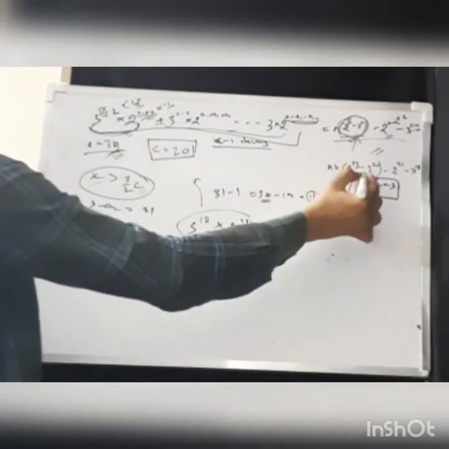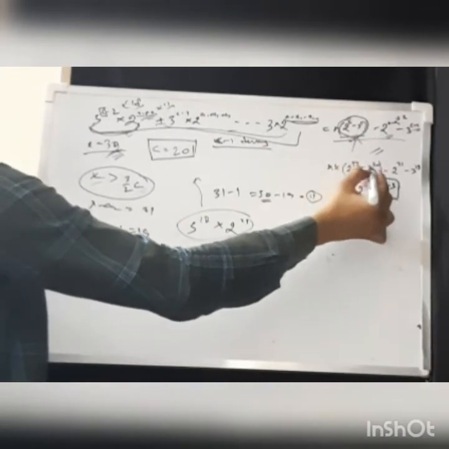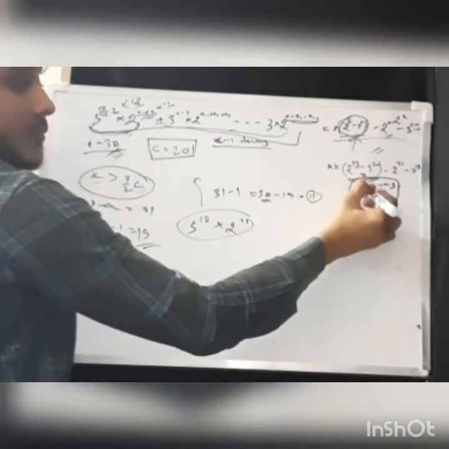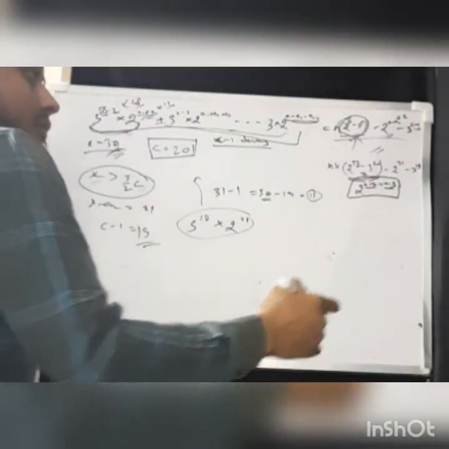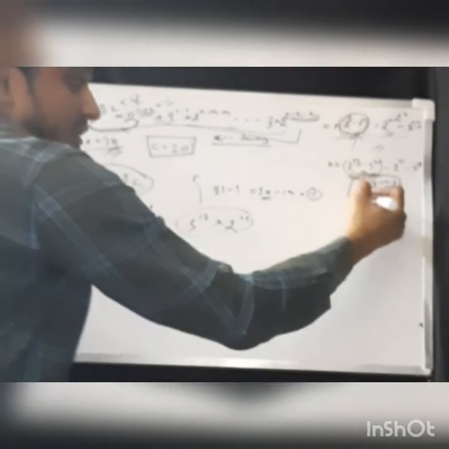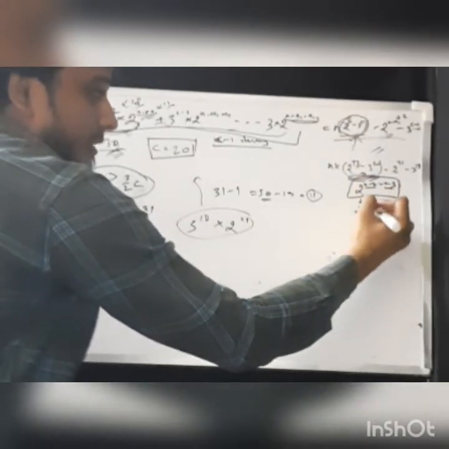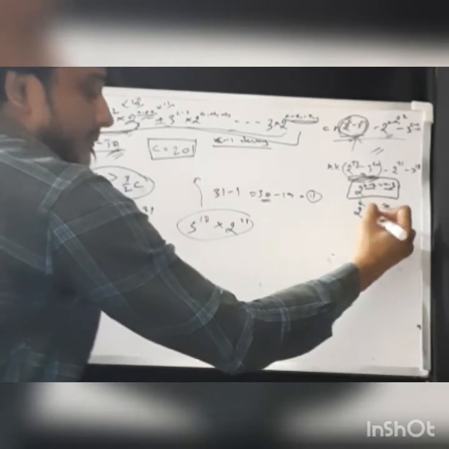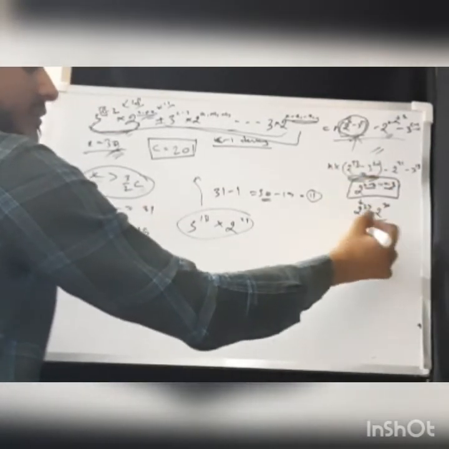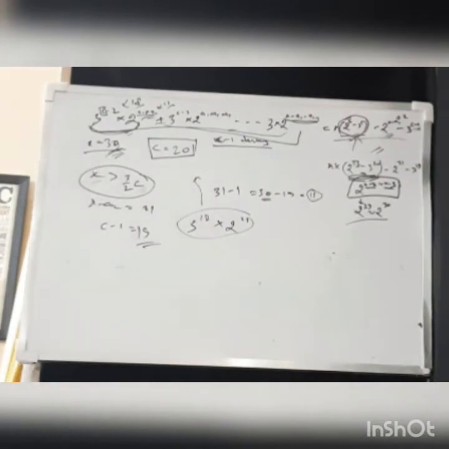This number, 2 to the power x minus 3 to the power c, actually ranges from x minus 2 to x minus 3, no matter what value of x you take. So in this case, this is nearly equal to 2 to the power 29 and 2 to the power 30, in between these two numbers.